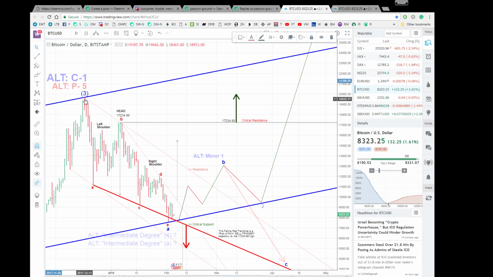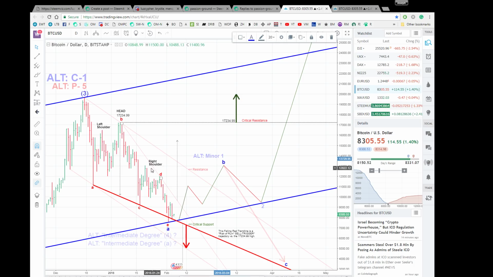The most bullish scenario would suggest that these 5 waves down here, labeled in red right here, which is basically an even smaller degree, would be labeled as the blue waves here, which is the minor degree of trend.